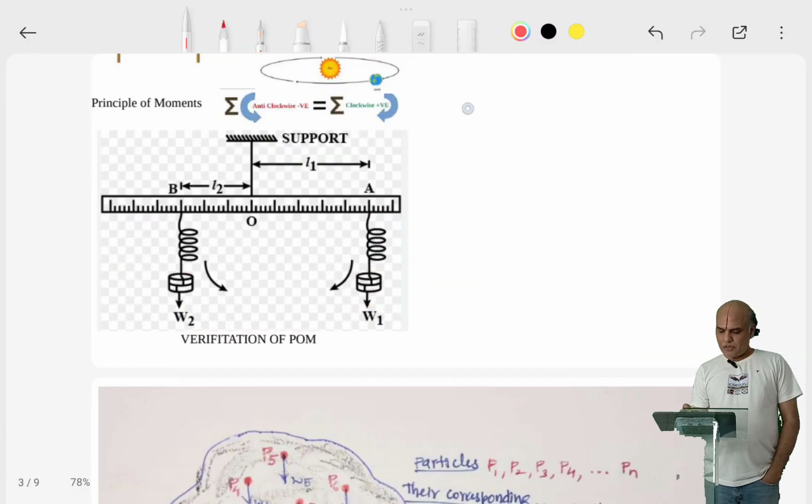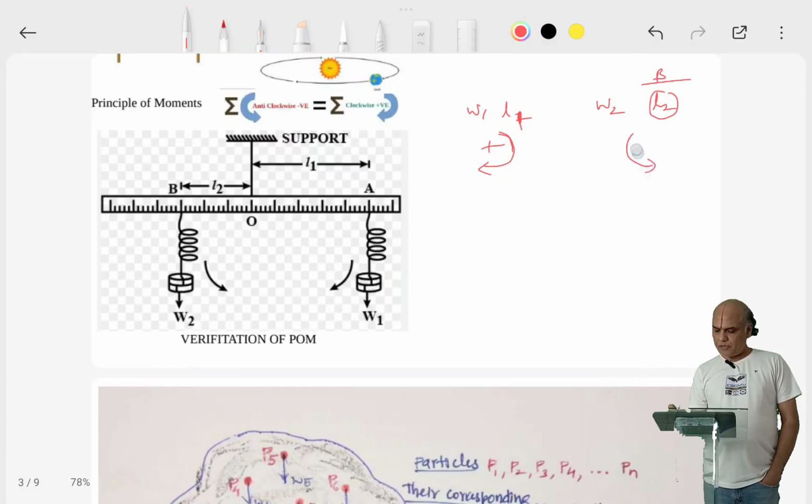Use arbitrary values of W1 and L1, then an arbitrary value of some W2, then make adjustments so that L2, this length, like adjust B either moving it left or right, such that L2 is adjusted, and this moment, which is clockwise, L1, this is L1, will balance out this moment, which is anti-clockwise. That means scale will remain horizontal. So the scale will remain in static equilibrium.